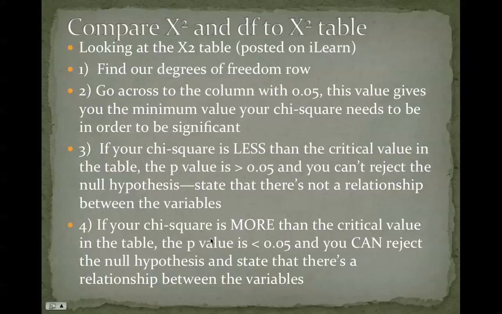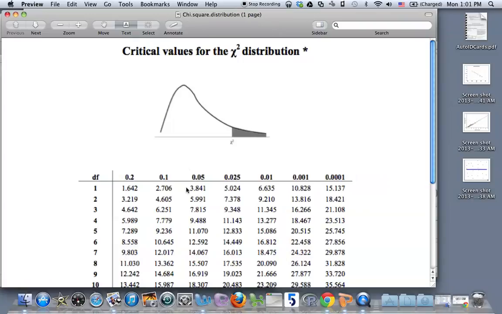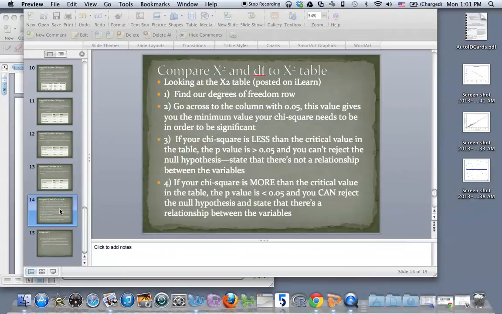However, if we had a chi-square test statistic that was like 7 or 8, if we go down to degrees of freedom of 2 and the 0.05 p-value, and we have a 7 or 8, which is greater than 5.991, that would state that there is a relationship, right?